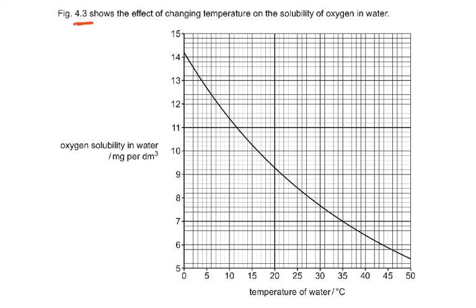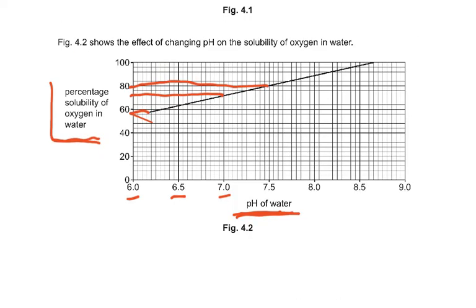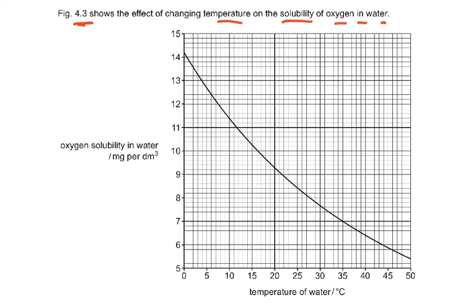Then figure 4.3 shows the effect of changing temperature on the solubility of oxygen in water. In the previous one, we were checking how the pH of water affects the solubility. Here it is oxygen solubility in water in milligram per dm cube, and here we have the temperature of water. Now something very different is happening.